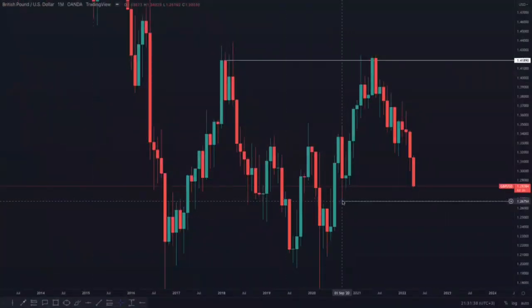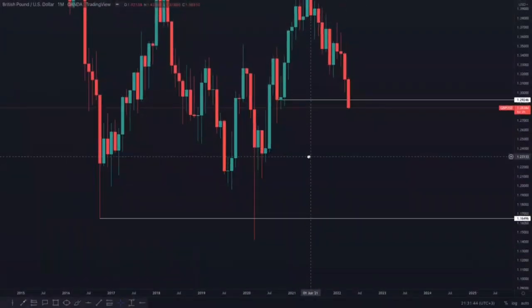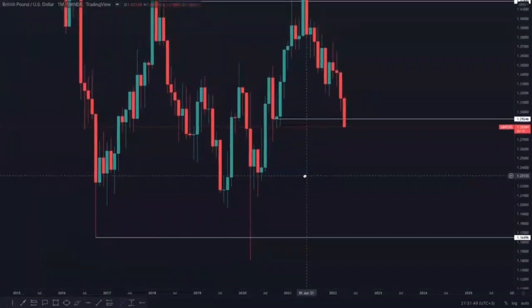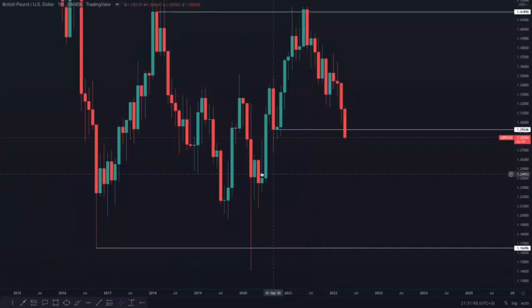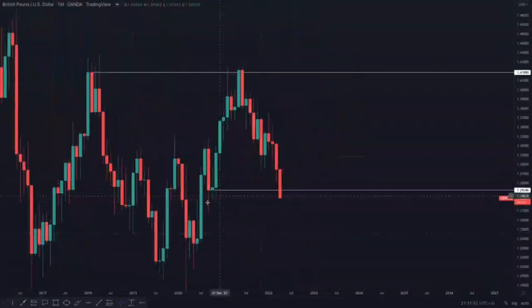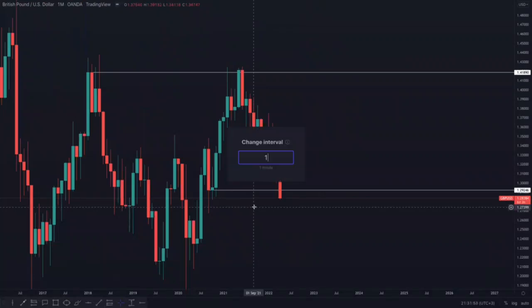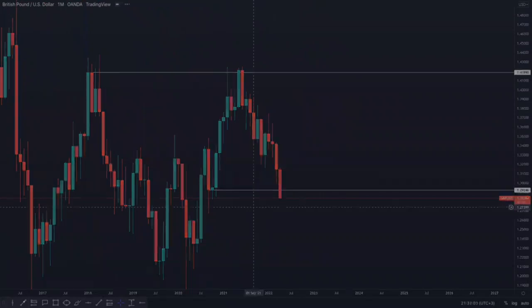This is our, we can call it, our invalidation X. So we are going to look for a sniper entry of this invalidation X. That means we'll have to drop to the weekly time frame.